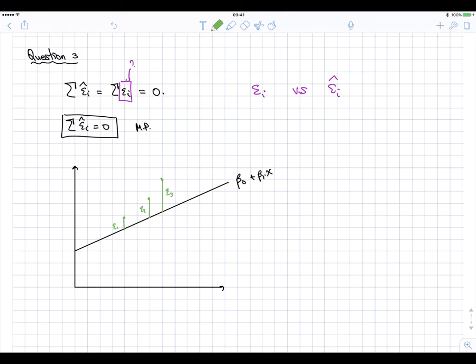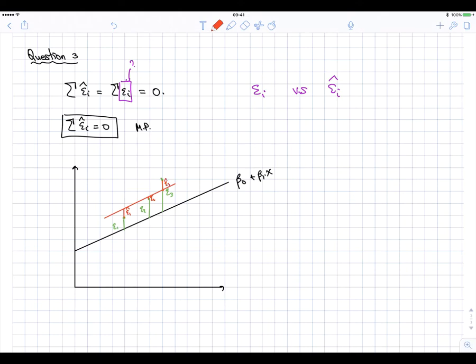Could I have gotten something like this? Is there something that prevents that data from being there? Nothing prevents the data from being there. So if you're trying to fit an OLS on just these 3 data points, of course OLS would mechanically fit a line such that the residuals, this would be the residual, epsilon 1 hat, epsilon 2 hat, epsilon 3 hat.